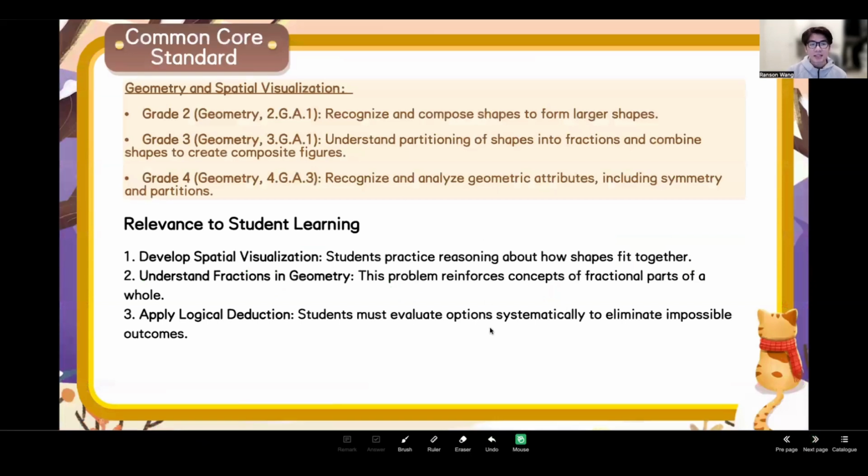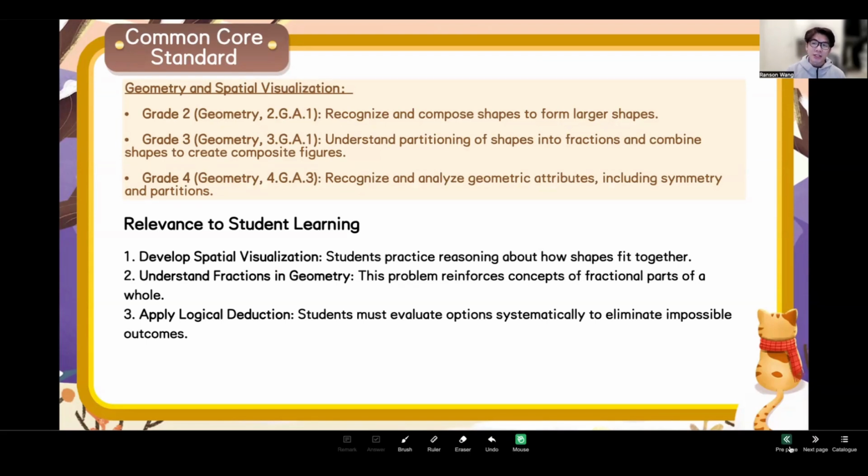This one is actually geometry and spatial visualization. Our Math Kangaroo question is trying to develop spatial visualization in our students. We can also build some foundation to understand fractions from geometry, right?